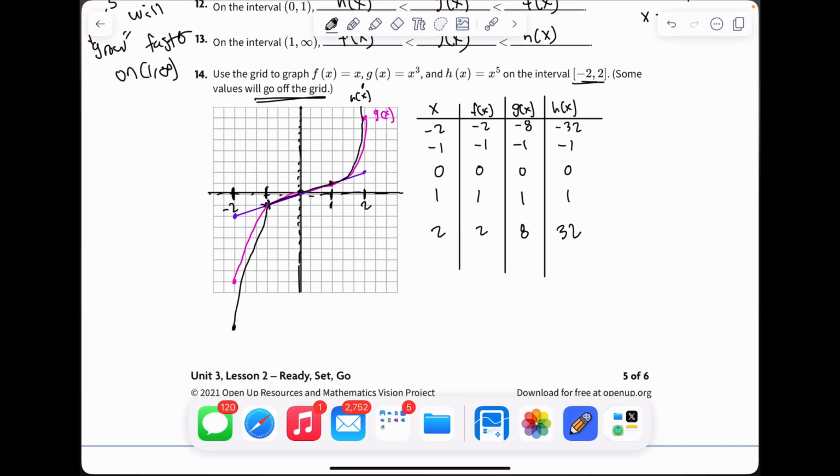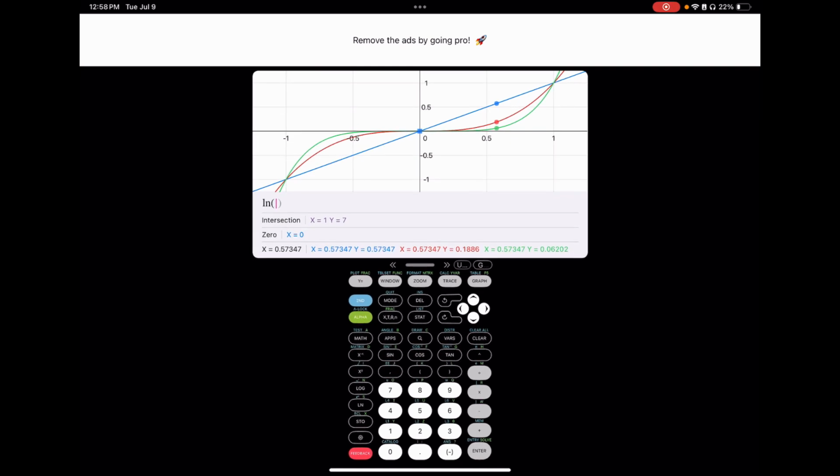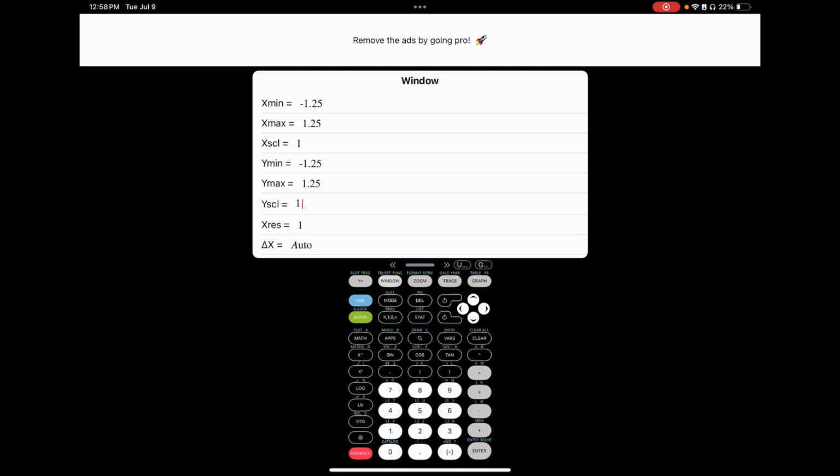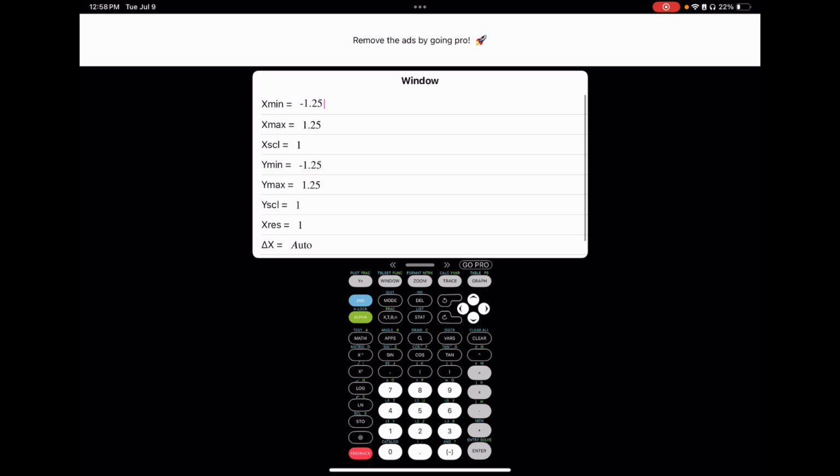And I would also encourage you to use your calculator for just seeing where we're at. Let's do our window, and let's change it here to -2, 2, 2, and 2.